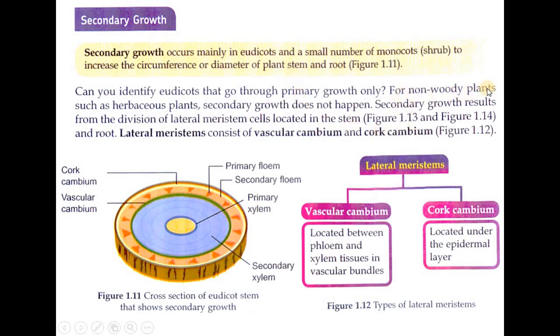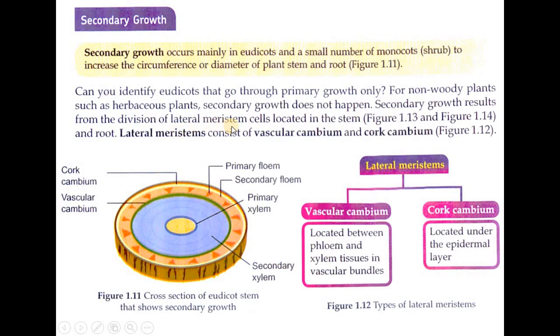For non-woody plants such as herbaceous plants, secondary growth does not happen. Secondary growth results from the division of the lateral meristem cells located in the stem. This type of cell we already discussed in 1.2 Part 1.